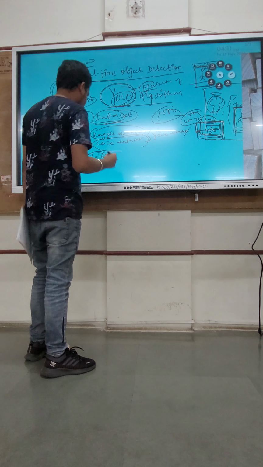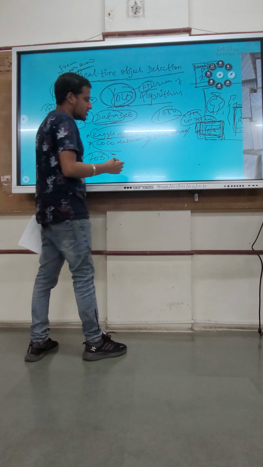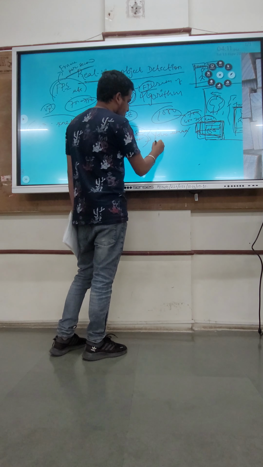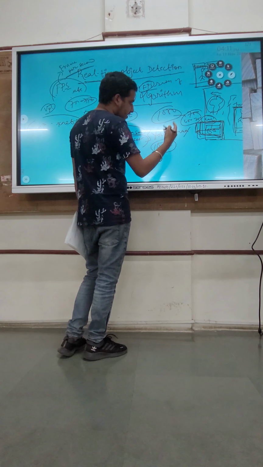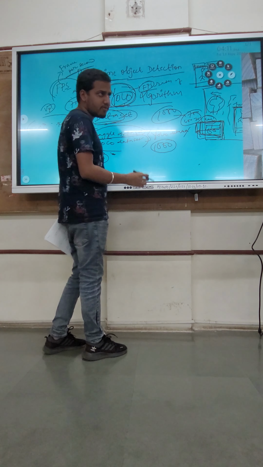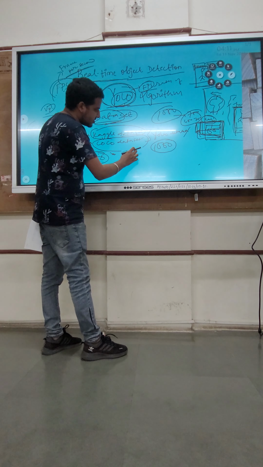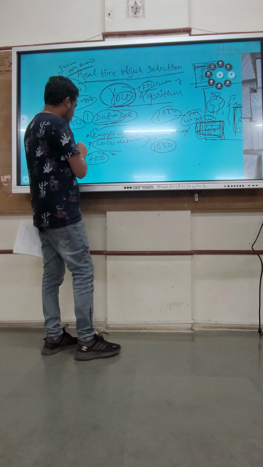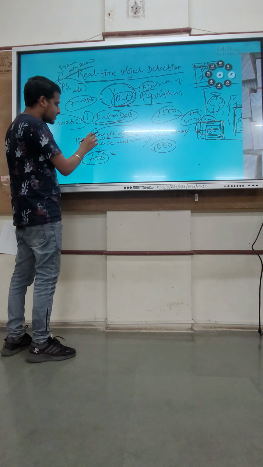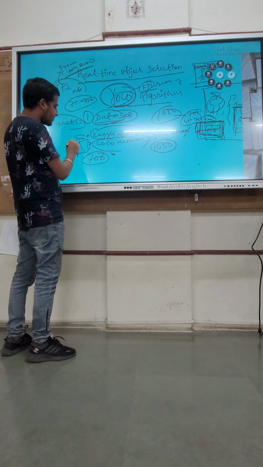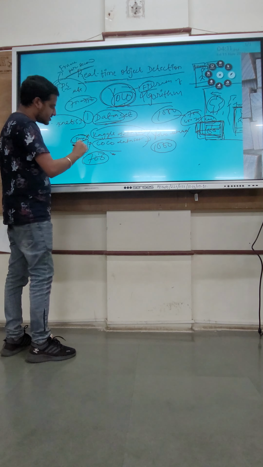After training and labeling the data, labeling means we are providing all the details that this is a particular sort of object. This is a person, so we label that it is a person, and when another person is detected, this label can appear there, saying that this is a person.